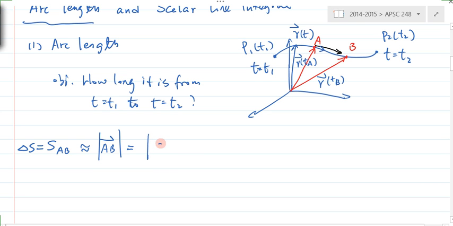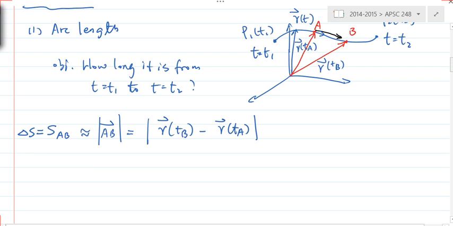So that's R vector tB subtract R vector tA. That gives us this vector AB. Now I'm going to give it another name. I'll call it delta R.